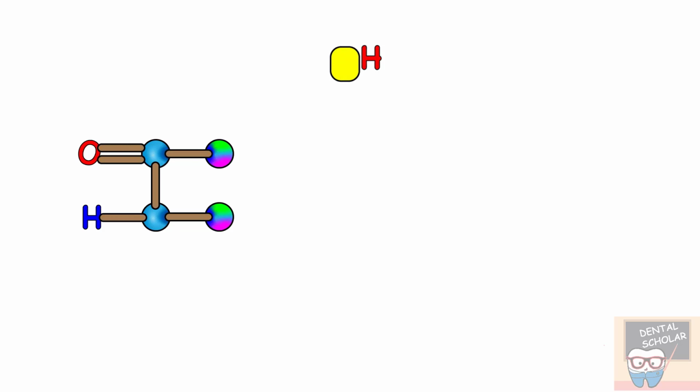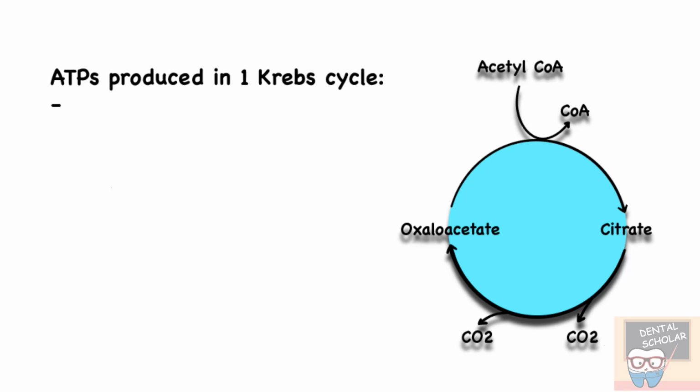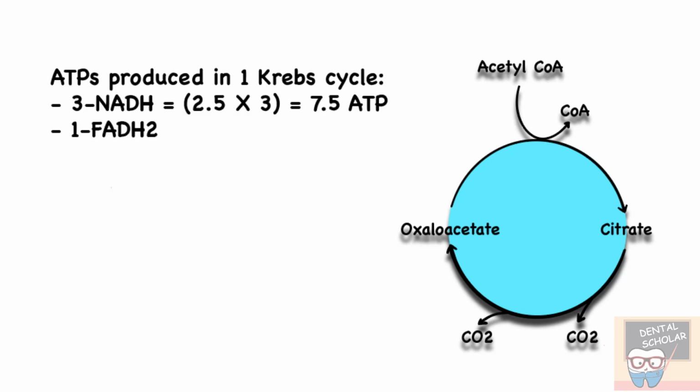Let's now discuss some interesting facts in Krebs cycle. So number one, total number of ATPs produced in one Krebs cycle. In one cycle, as we have seen, 3 NADH, 1 FADH2 and 1 ATP is produced. 1 NADH is equal to 2.5 ATPs.